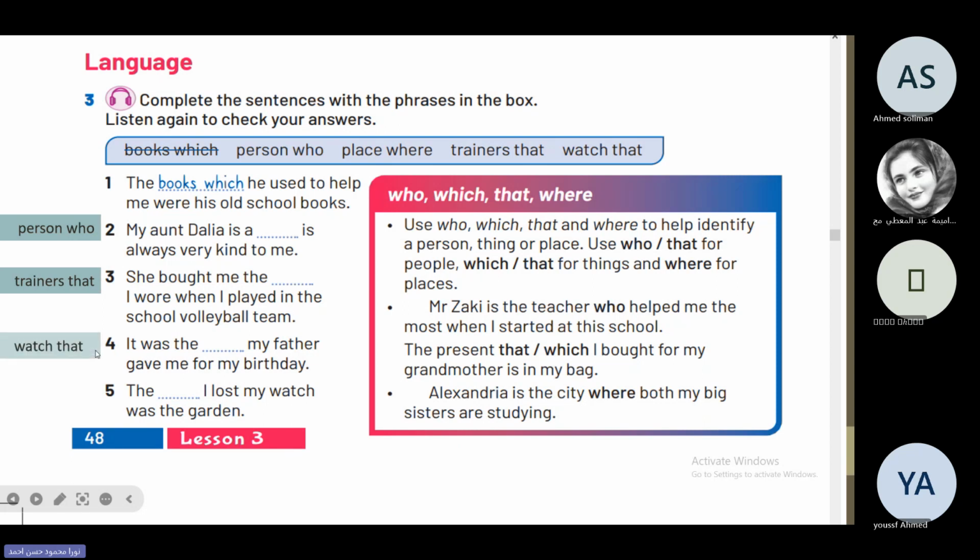Here, watch is the thing, so we put that. Number 5, the place where I lost my watch was the garden. Of course, the place where I lost my watch was the garden. Excellent.